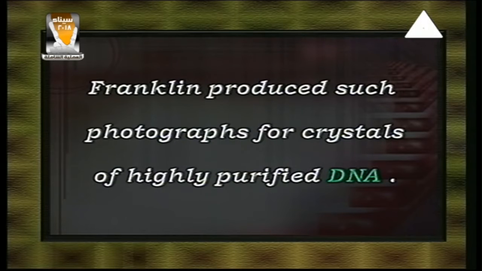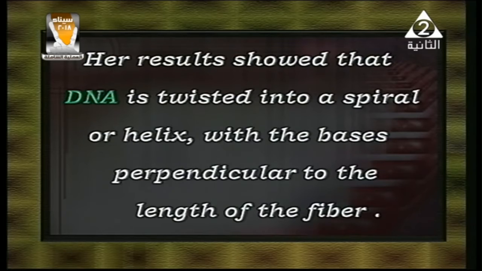After hundreds of trial and error experiments, Franklin got a purified and clear form for the structure of DNA. Her results showed that DNA is twisted into a spiral or double helix with the bases perpendicular to the length of the fiber, the length of the backbone.